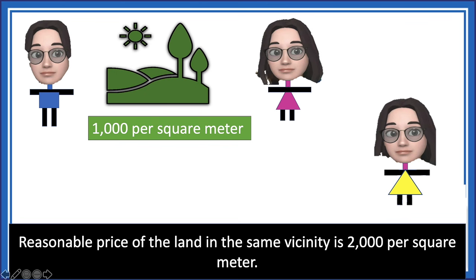Pero, binenta lang siya ni Pogi kay Ganda at an amount of 1,000 per square meter kasi naniwala siya sa sinabi ni Beauty kung saan nagsabi na 1,000 per square meter lang talaga yung value or yung market value ng lupa dun sa kanila.